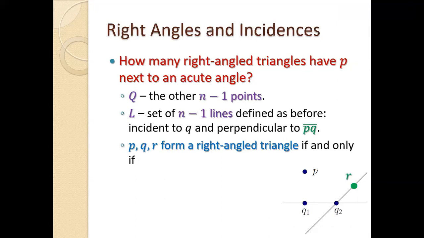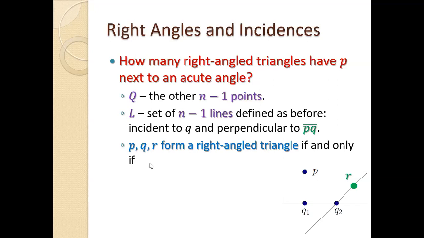Now, as we said, P, Q, R form a right angle triangle, where Q is next to the right angle, if and only if what? Can you answer this with the word incidence?